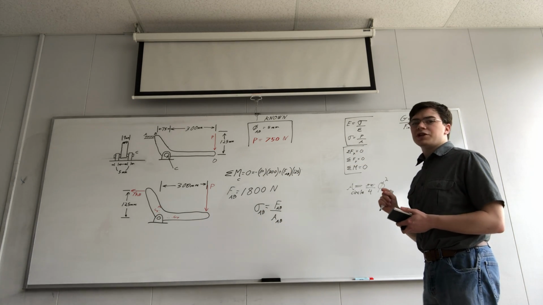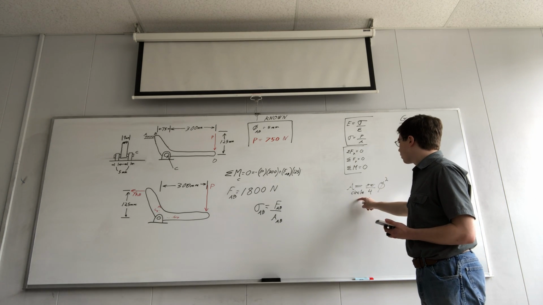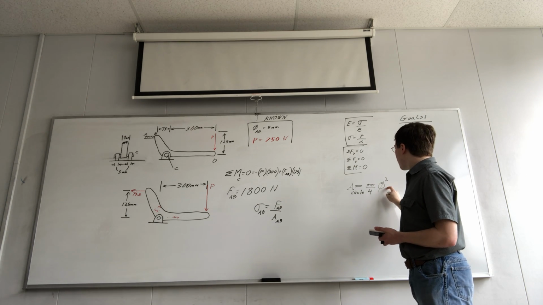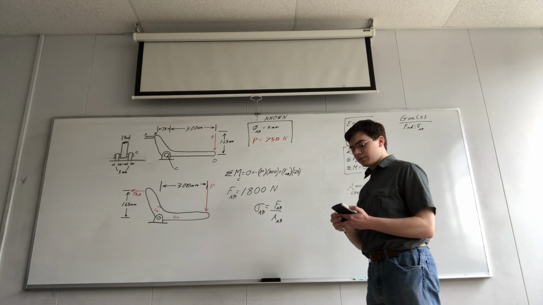We already know from high school geometry that the area of a circle is equal to pi divided by 4 times the diameter squared. So let's quickly type that in.